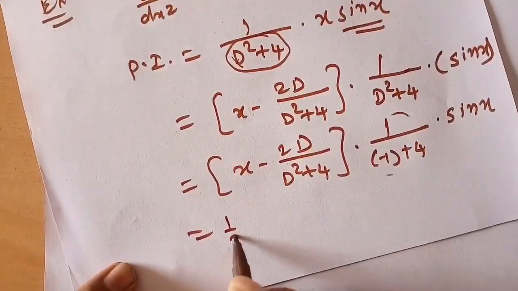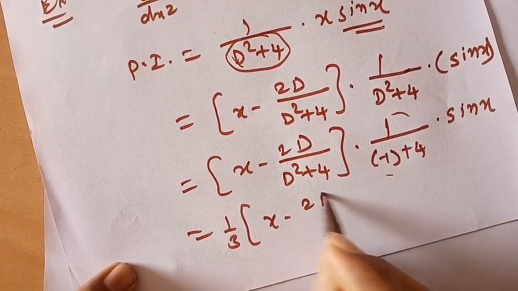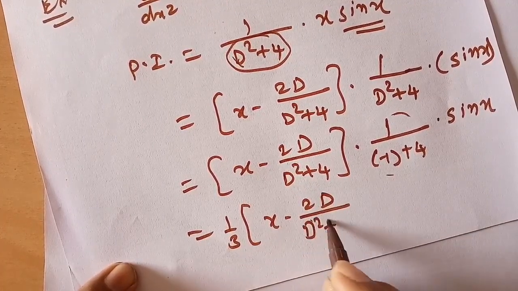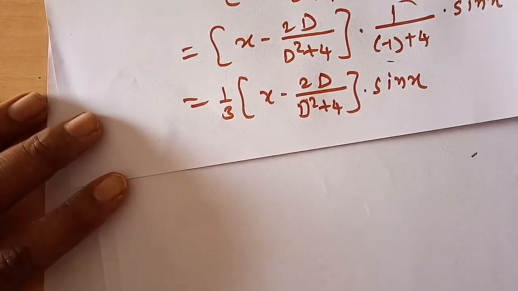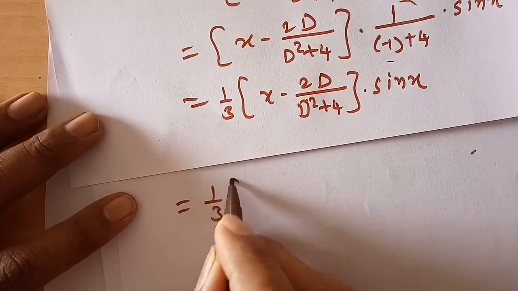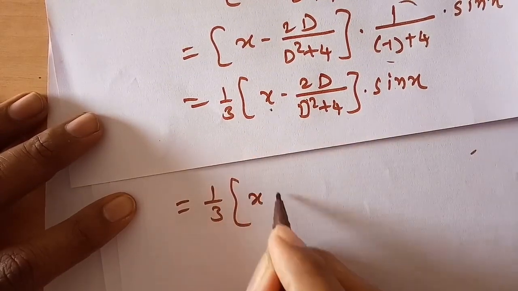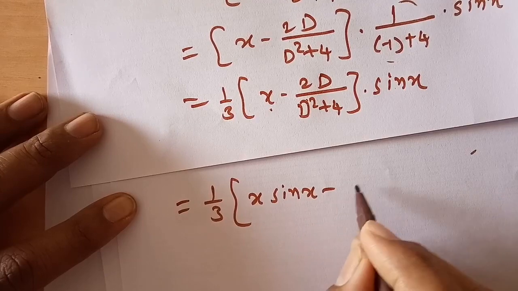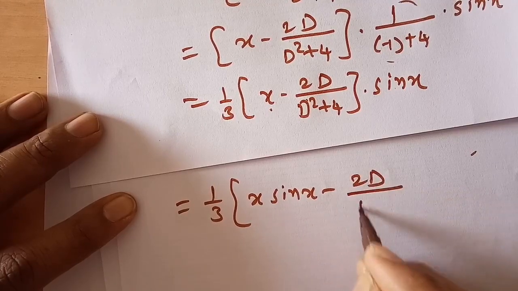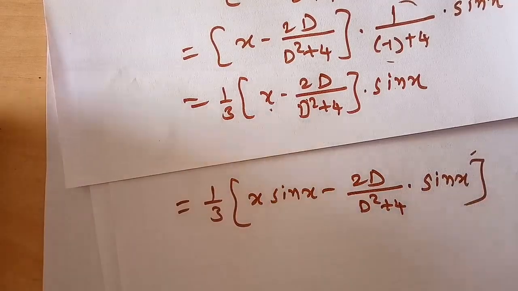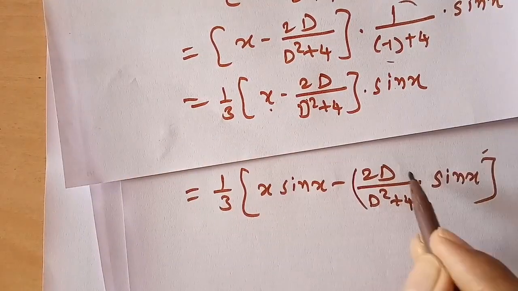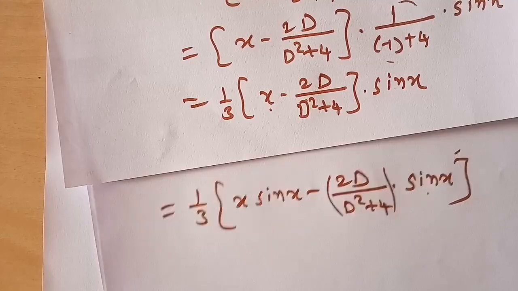This is 1 by 3 into x minus 2D divided by D² + 4, into sin x. Now I will multiply here. This is 1 by 3 into x sin x minus 2D divided by D² + 4 into sin x, meaning this total operator is operating on this function.